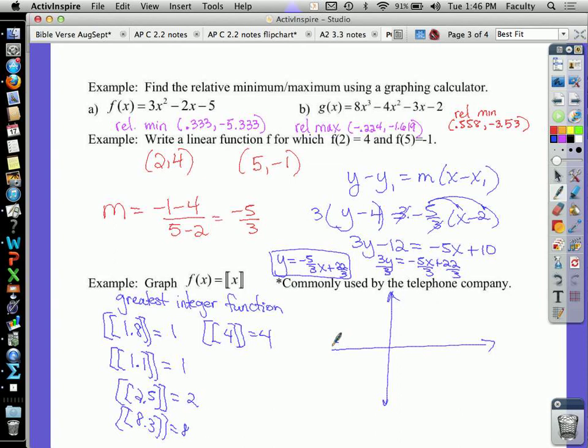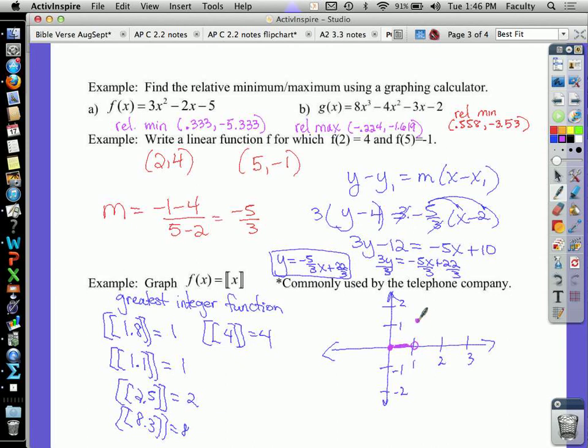There are a lot of places that use this. And then I'll show you on your calculator how we can graph it as well. So if I plug in any number between 0 and 1, it's really going to go down to 0 until I hit 1.